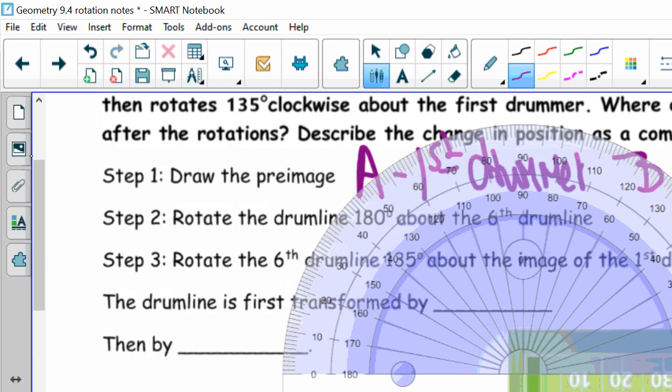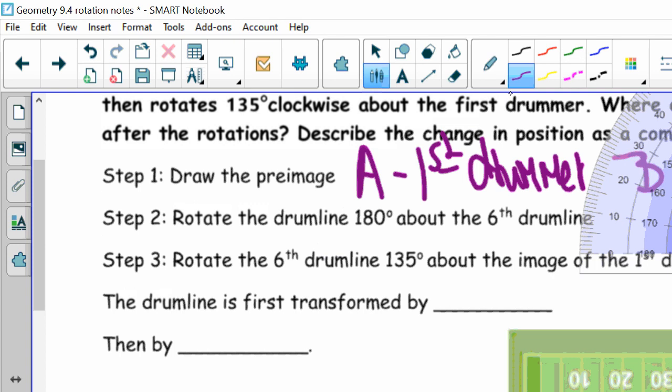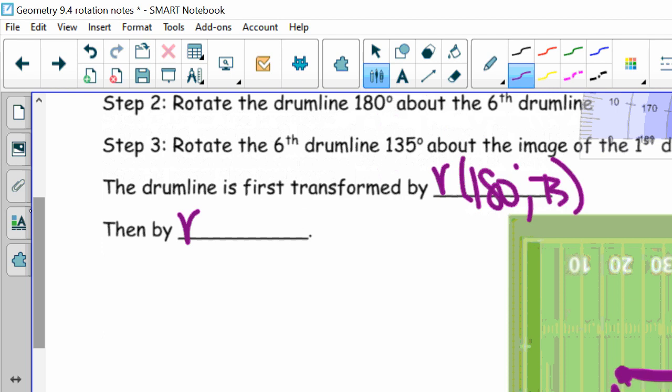And so we just did all those steps. Number one, we drew the pre-image. I rotated the drum line 180 degrees about the sixth drummer. I rotated the sixth drummer 135 degrees about the image of the first. The drum line was first transformed by rotating 180 degrees about my sixth drummer, which I called B. Then I rotated clockwise, so negative 135 degrees, about my first drummer that had moved, A prime.